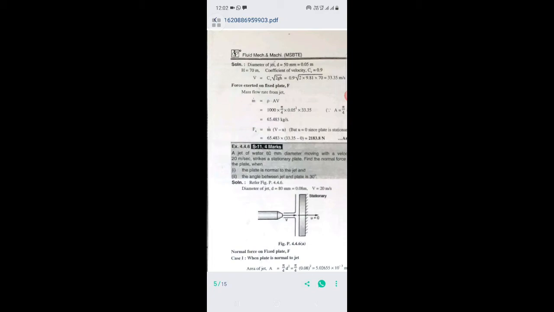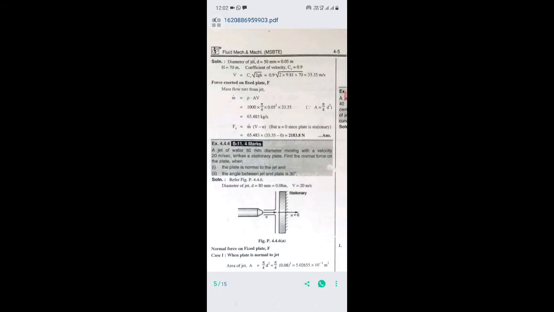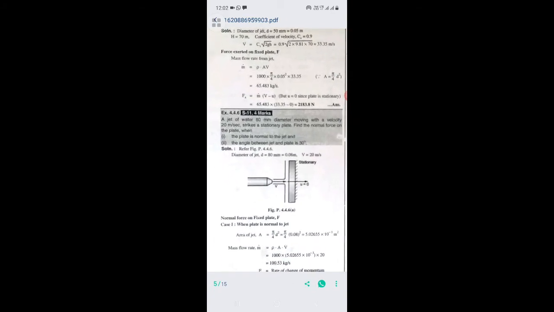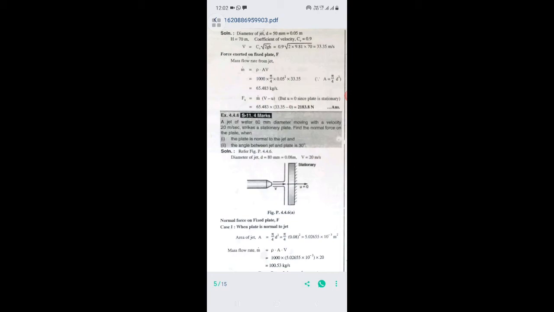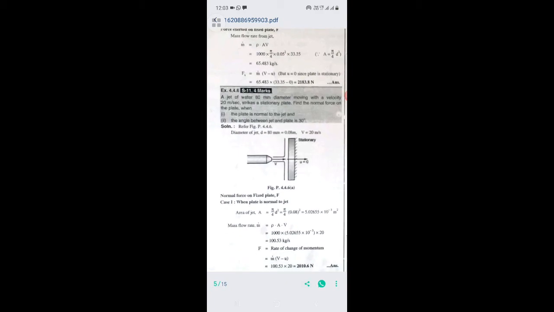With the help of the formula rho a v square, the force is 2183.8 Newton. This is the required answer. Write down.